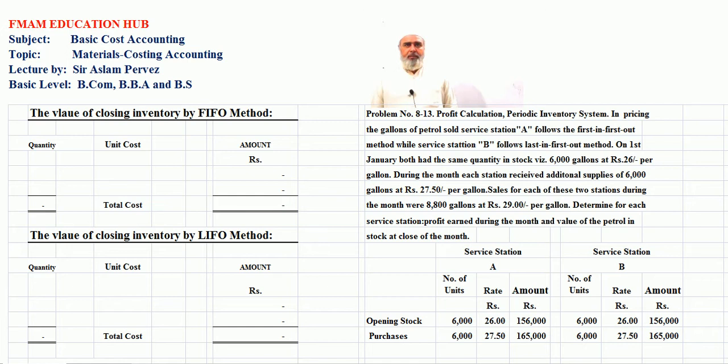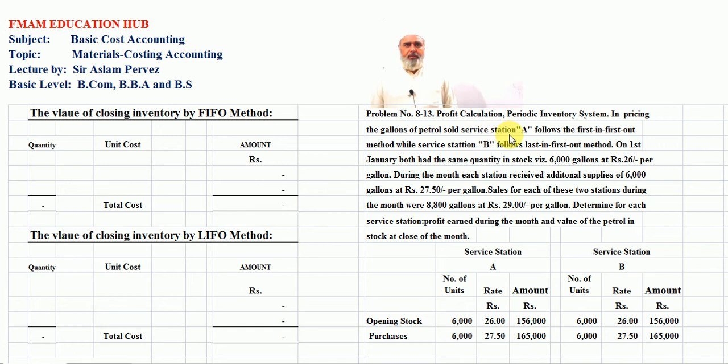Students, let's start to read this problem carefully and try to solve this problem. Friends, this is problem number 8.13, profit calculation, periodic inventory system in pricing the gallons of petrol sold.